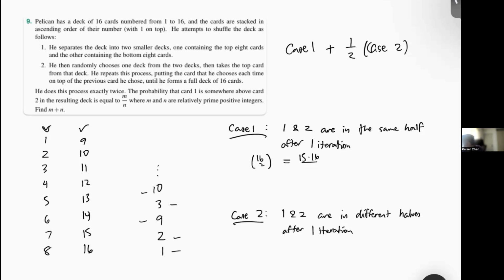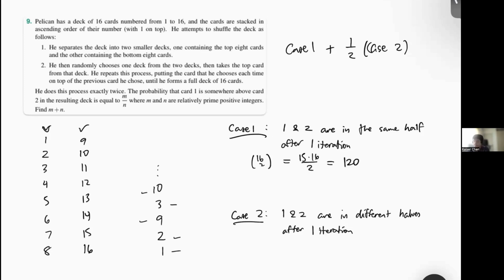So 15 times 16 over 2. That is 120. Okay. And let's try computing case 1. So 1 and 2 are in the same half after one iteration. So we already have our denominator, which is 120.